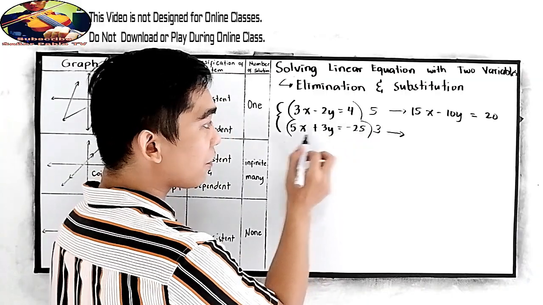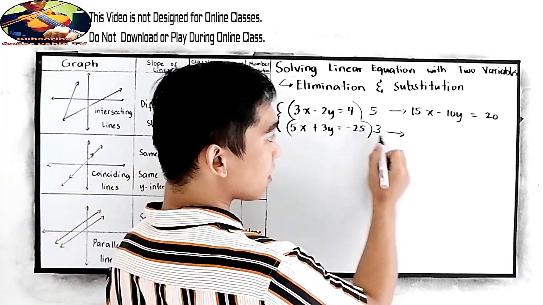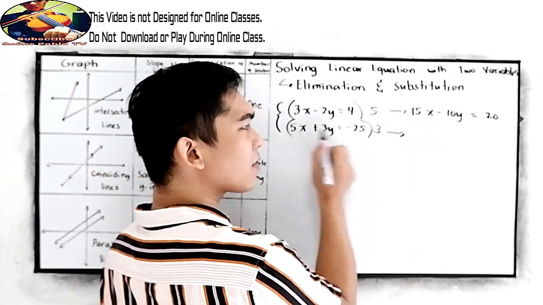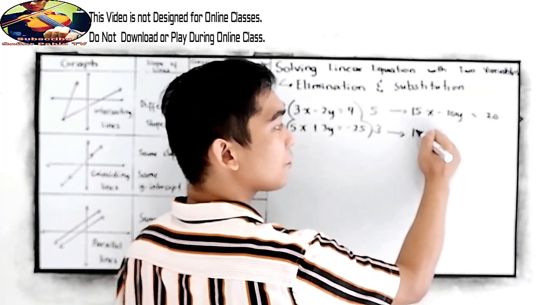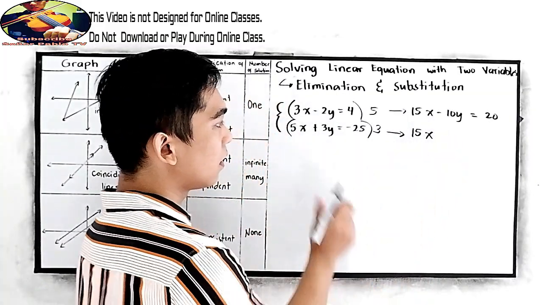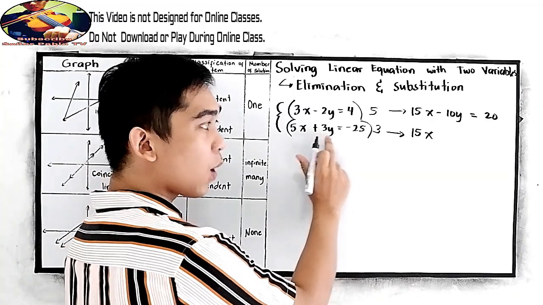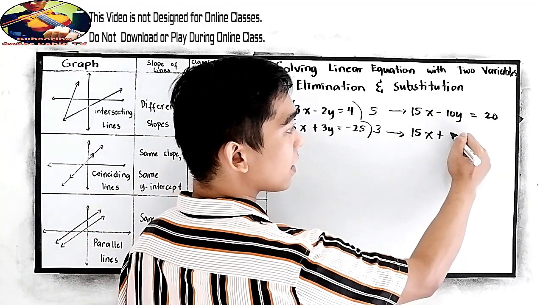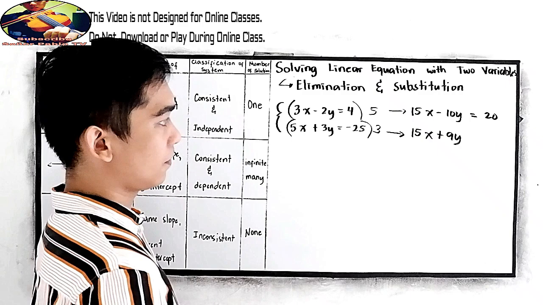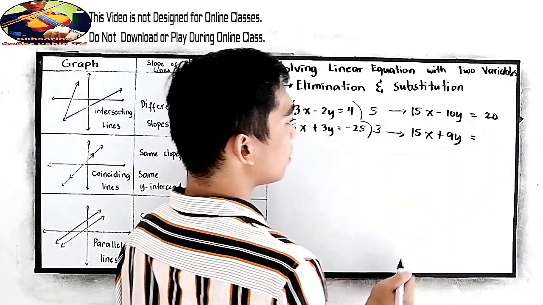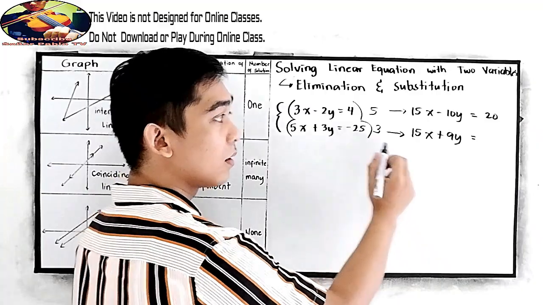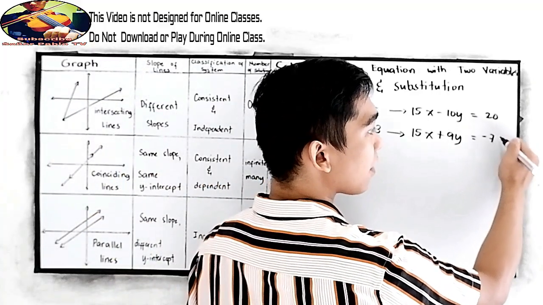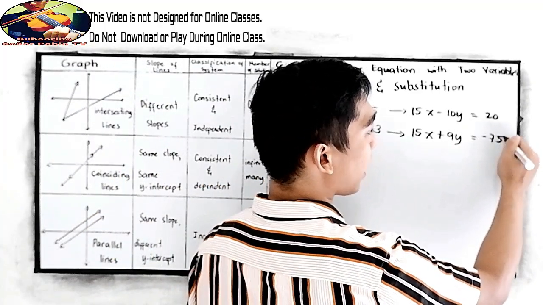Next, 5x times 3, that is 15x. Positive 3y times 3 is positive 9y. Is equal to negative 25 times 3, that is negative 75.